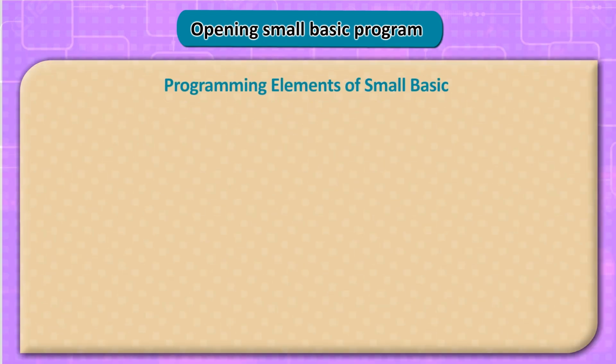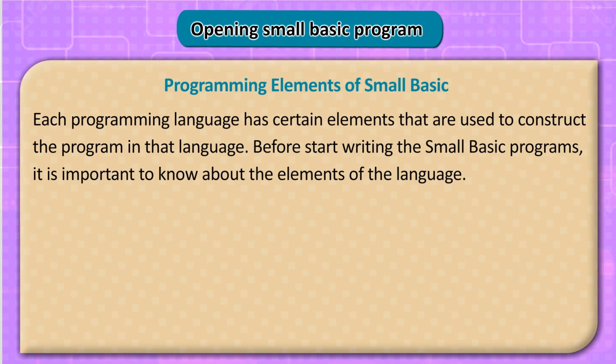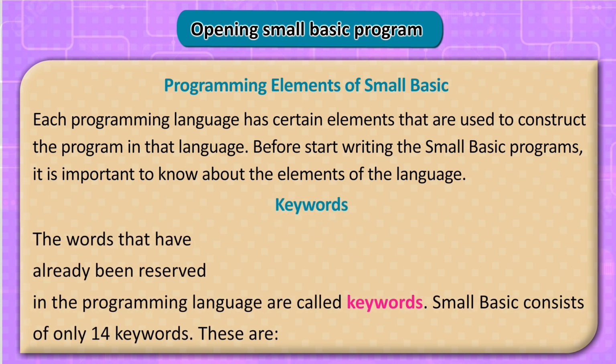Programming elements of Small Basic. Each programming language has certain elements that are used to construct programs in that language. Before you start writing Small Basic programs, it is important to know about the elements of the language. Keywords. The words that have already been reserved in the programming language are called keywords. Small Basic consists of only 14 keywords.